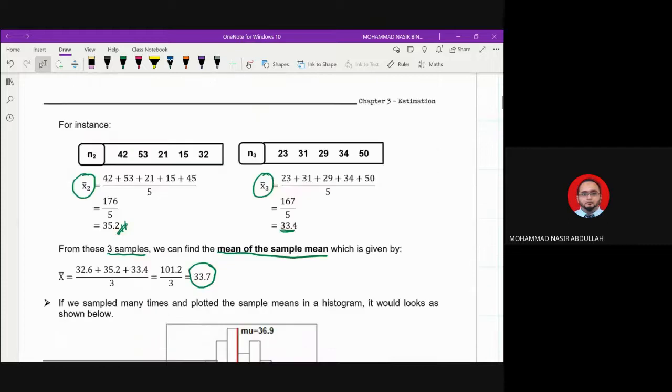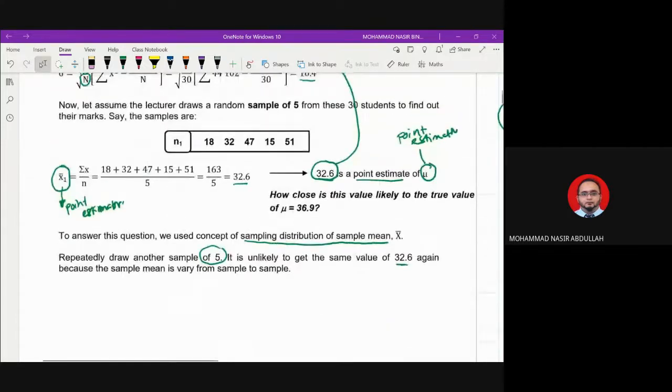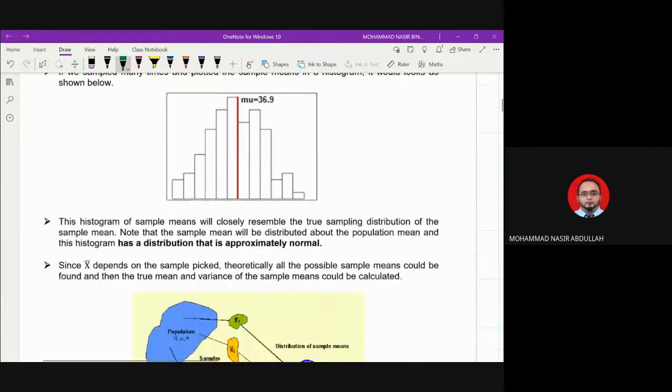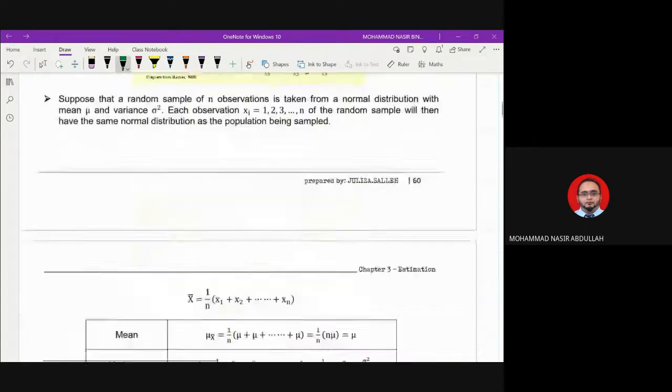If you look at sample number 1, we got 32.6, and then the mean of the means is 33.7. That means it moves closer to the original or true mean. Right. So let's keep this one.